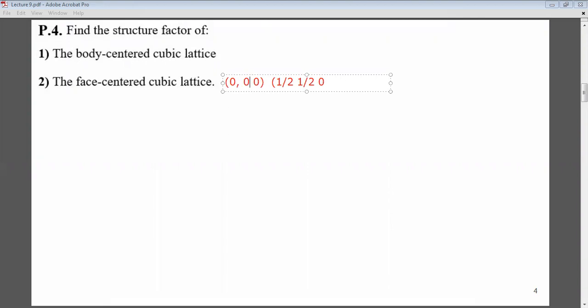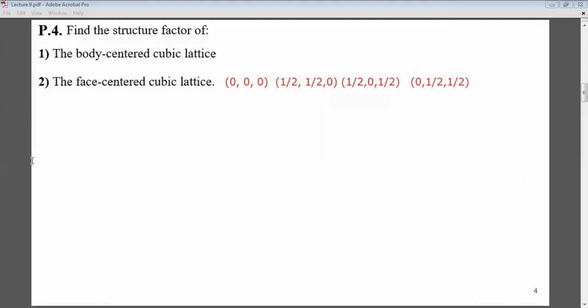I have identical atoms at all these places. It's very similar to the BCC, except that here I have 4 atoms instead of 2.